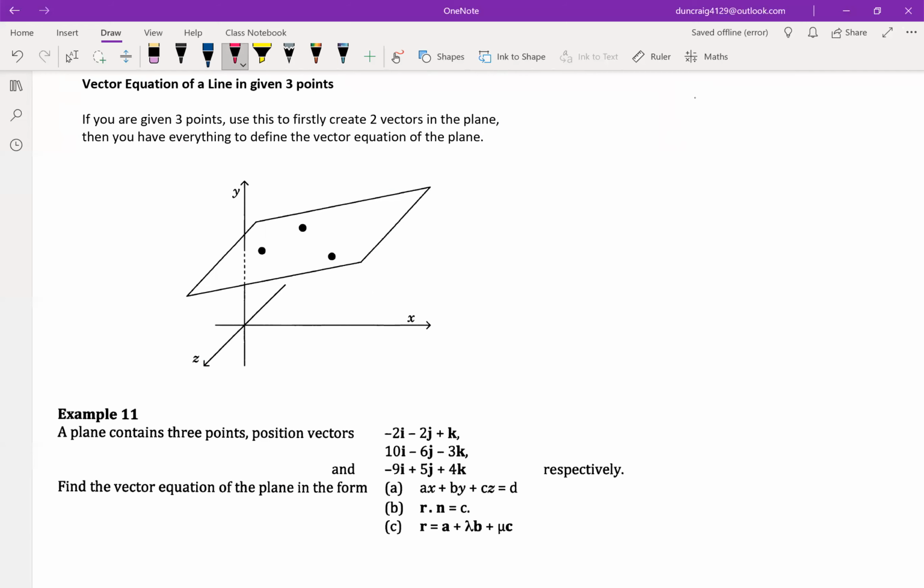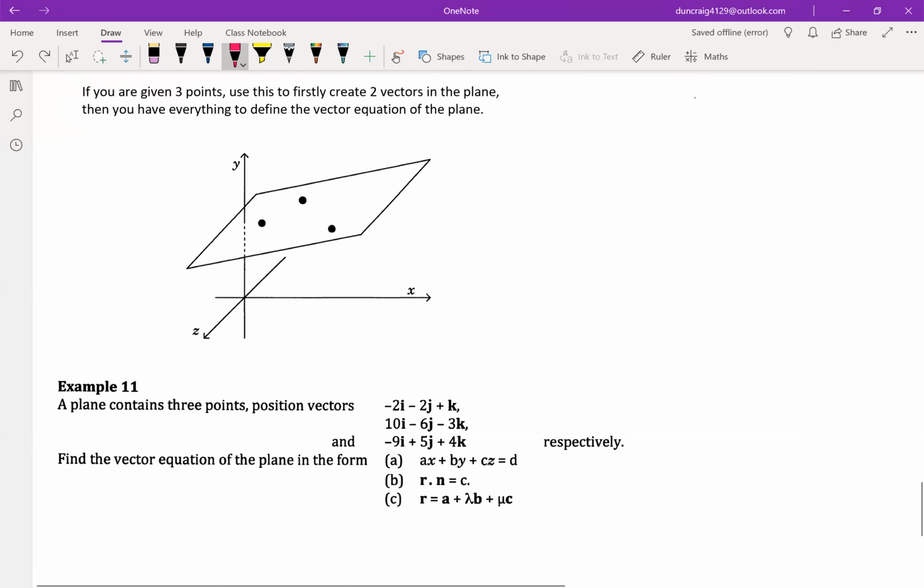You might make that a line there and that a line there, or that's a line there and that's a line there. It's up to you how you do it. Infinite possibilities here.